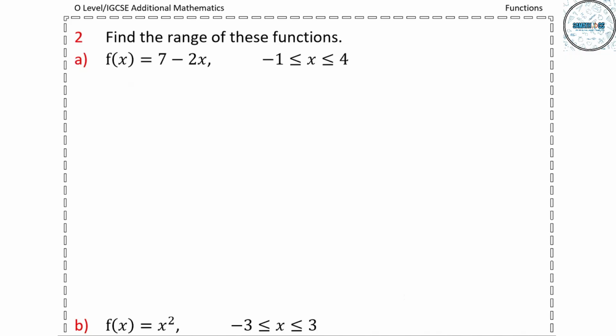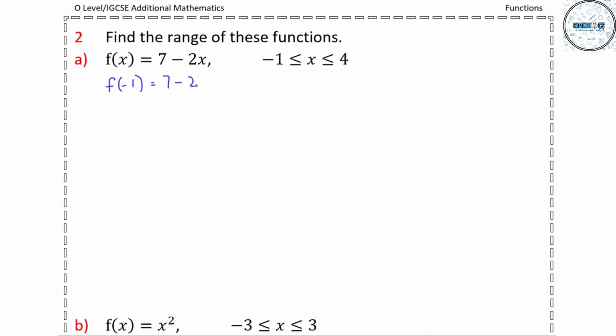Let's do another question in which we have to find the range of functions. The first function which is given is f of x is equal to 7 minus 2x. The domain is given from -1 till 4. So we will substitute -1 here.